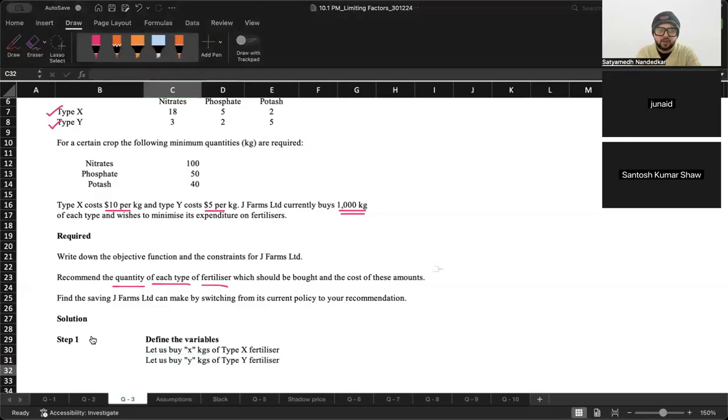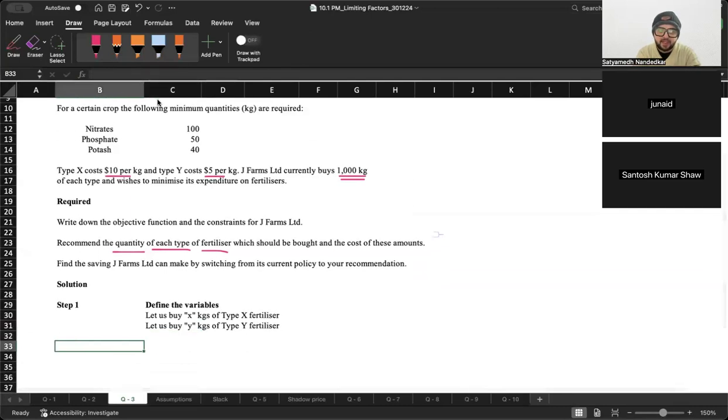We were anyway going to discuss about कितना quantity चाहिए for each type. Okay. So that is the first thing that we have done, define the variables.